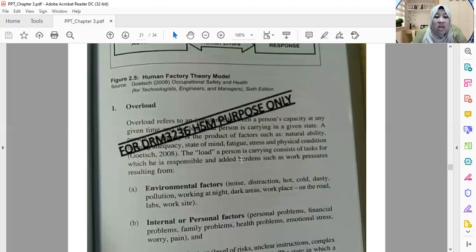So meaning to say, this is the person's capacity, whether we have the capability. This is according to Goetsch 2008.